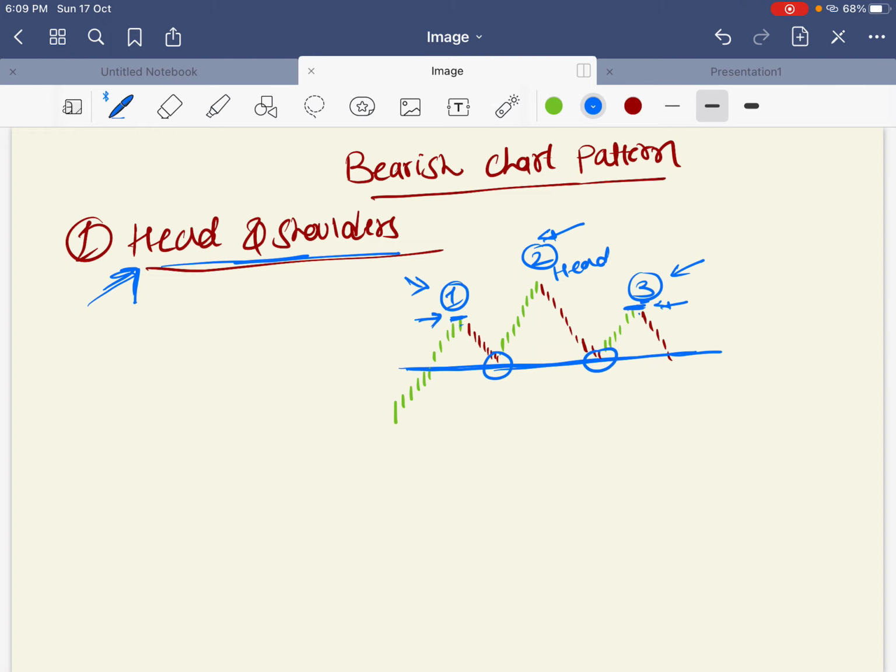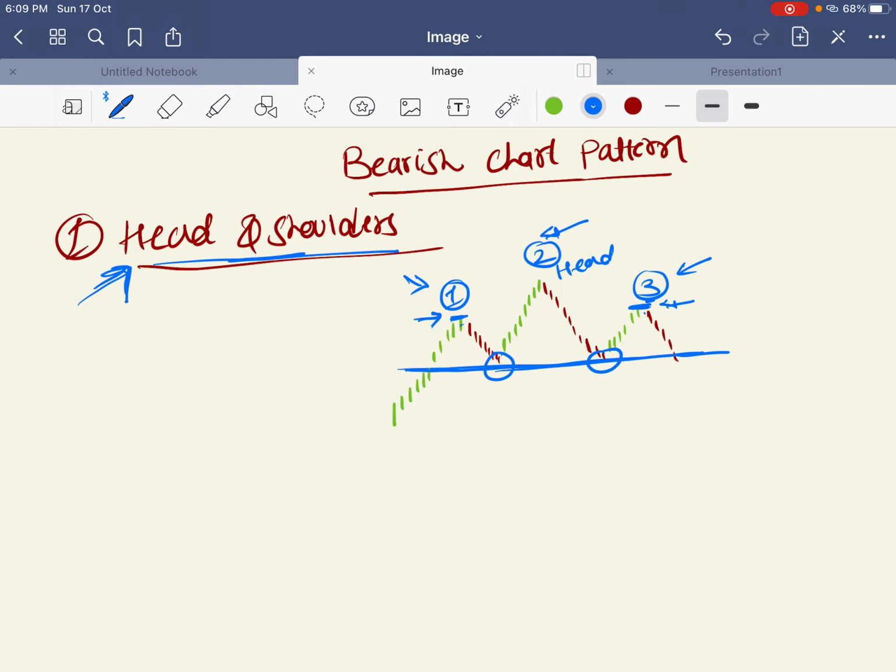To identify, the trend is bullish, entered in this zone, and after that it continuously takes support at these 2 point, and then after making head and shoulder like this, 1 2 3 point, it breaks out from the neckline or this baseline.